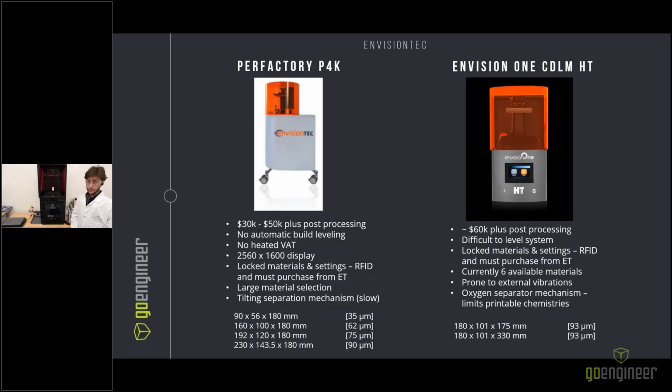There are currently 6 materials available, with some overlap between the Origin materials and the HT materials. Again, I would like to emphasize the materials were developed on this platform and then tweaked and reconfigured to work on the other machines.